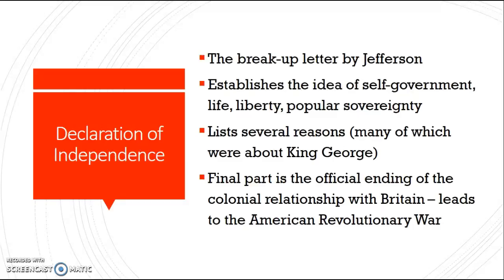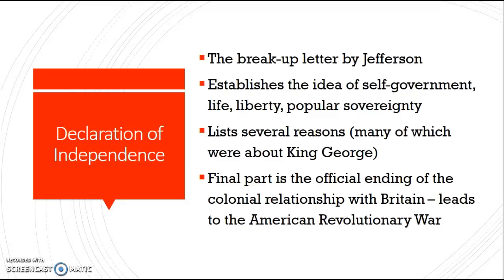So in the opening, he's laying the bedrock idea that when a government becomes tyrannical and abuses its rights, ideally the people have the right to overthrow the government. And this is going to draw heavily upon the Enlightenment, especially Locke, along with Montesquieu and several other Enlightenment thinkers.